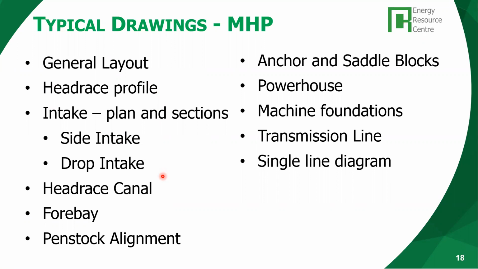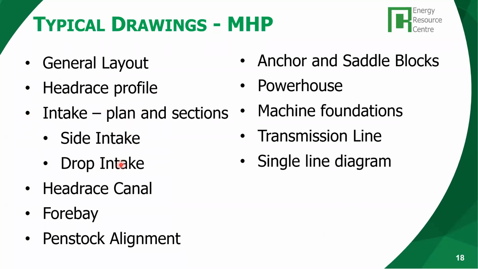You have to make sure that the slope of the canal is accurate. You also have to make sure that the computation of the head, the water that falls from the forebay to the powerhouse, the elevation, is accurate. So the head race profile is important.